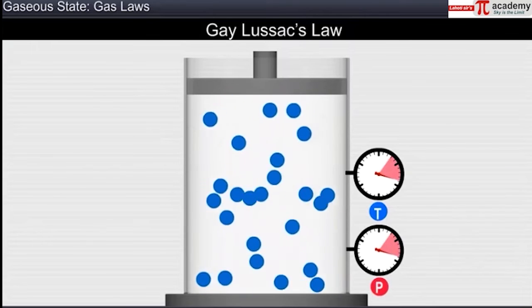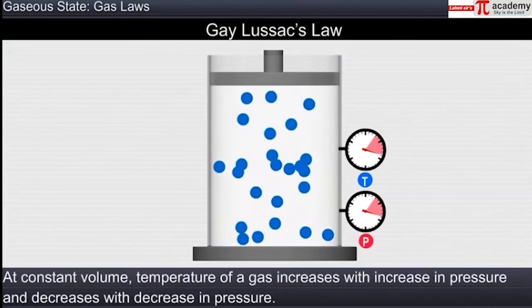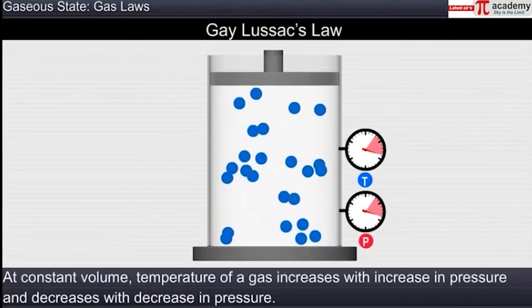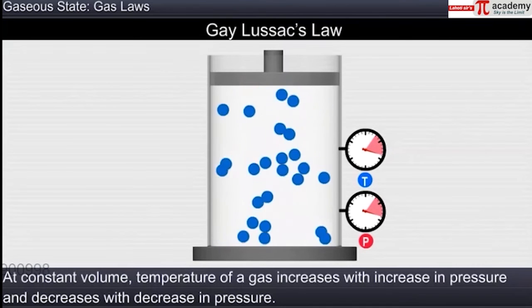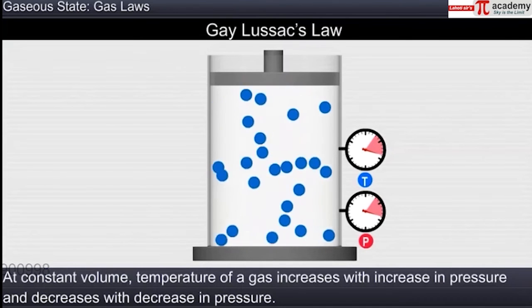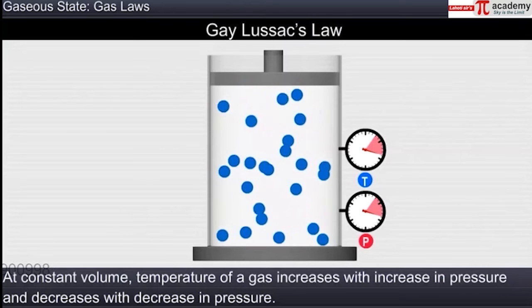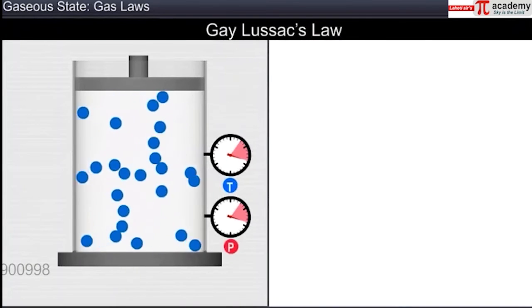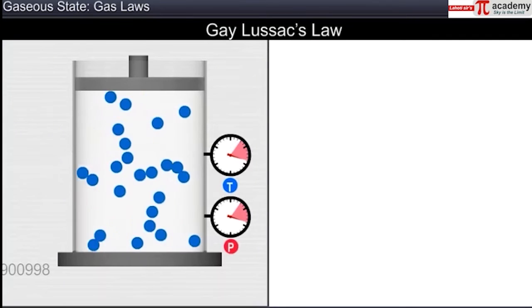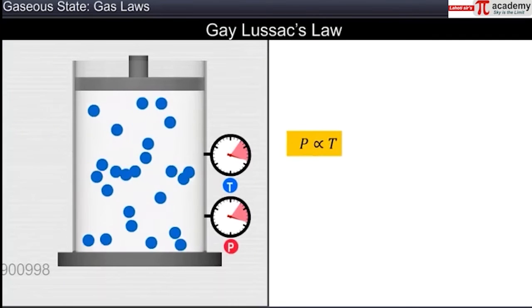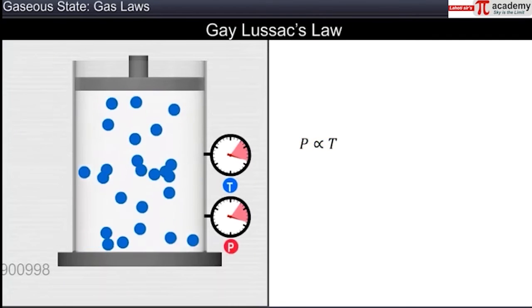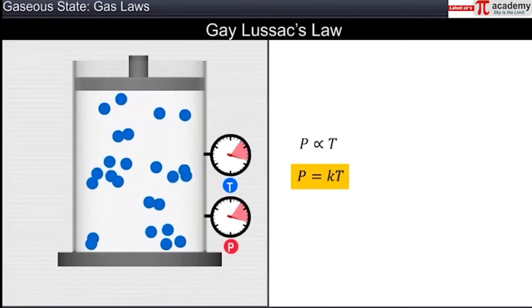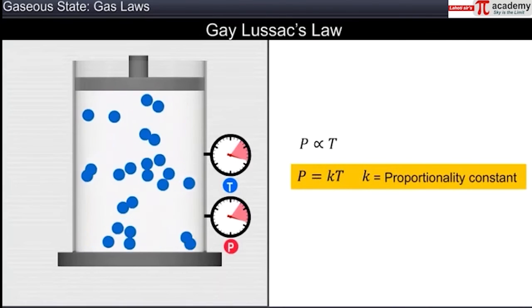In other words, at constant volume, temperature of a gas increases with increase in pressure and decreases with decrease in pressure. Mathematically, Gay-Lussac's law can be written as P is directly proportional to T, or P is equal to kT, where k is the proportionality constant.